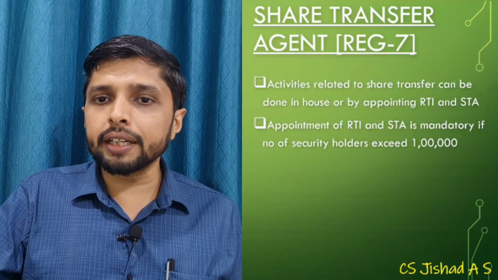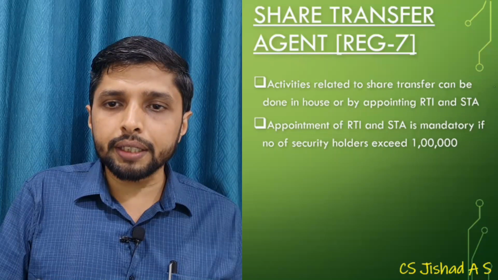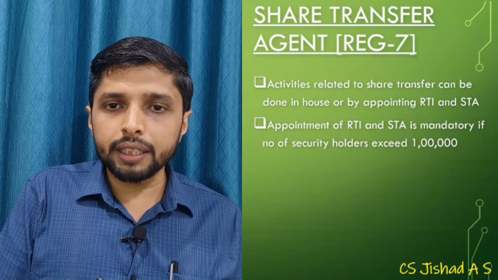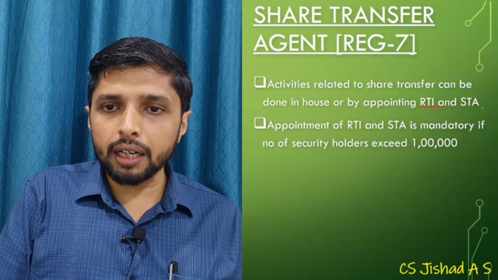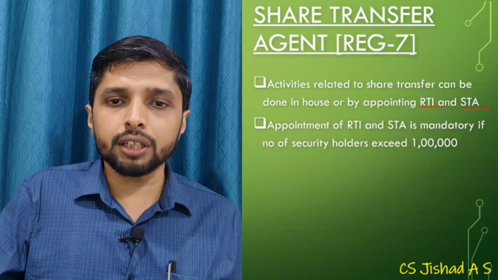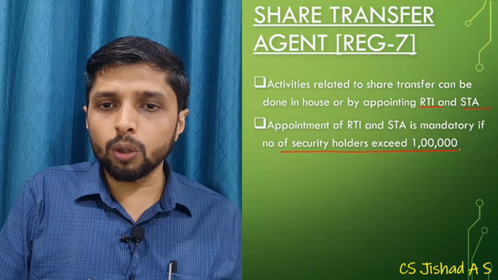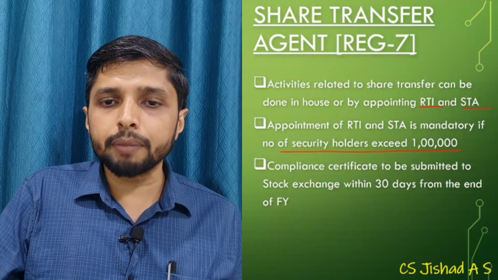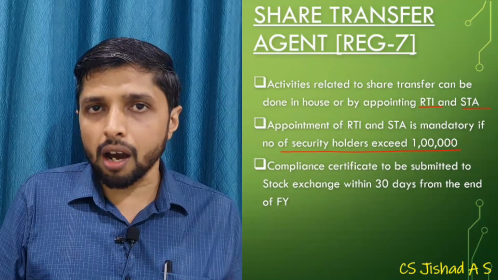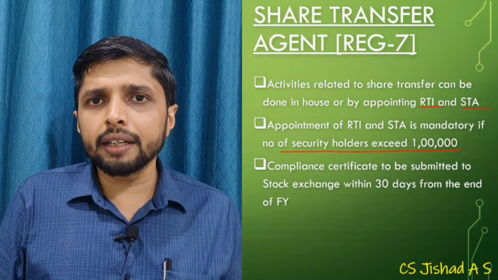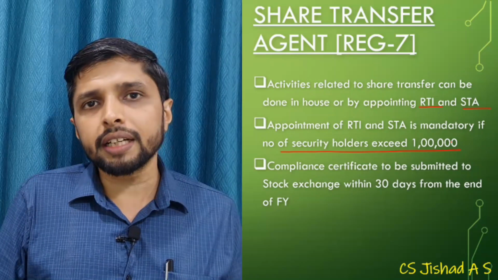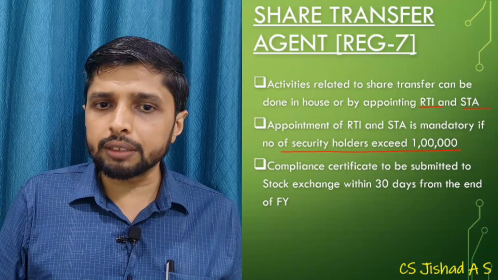So activities related to share transfer can be done in-house, or they can appoint an RTA or STA, registrar to issue and share transfer agent. If the number of security holders exceeds 1 lakh, it is mandatory that they appoint an RTA or STA, or they can get themselves registered as a category 2 share transfer agent.